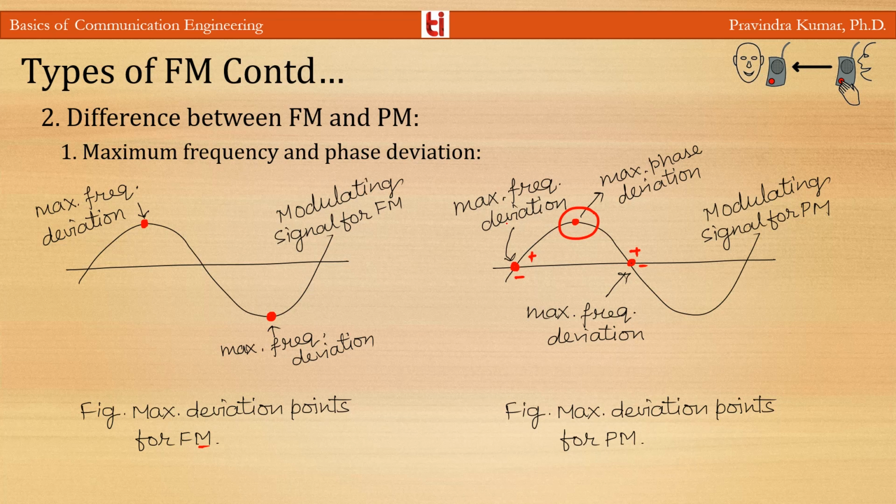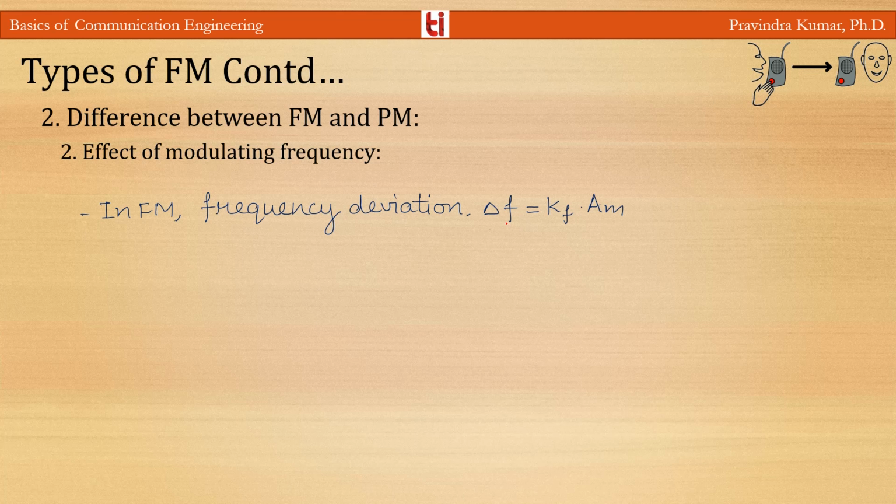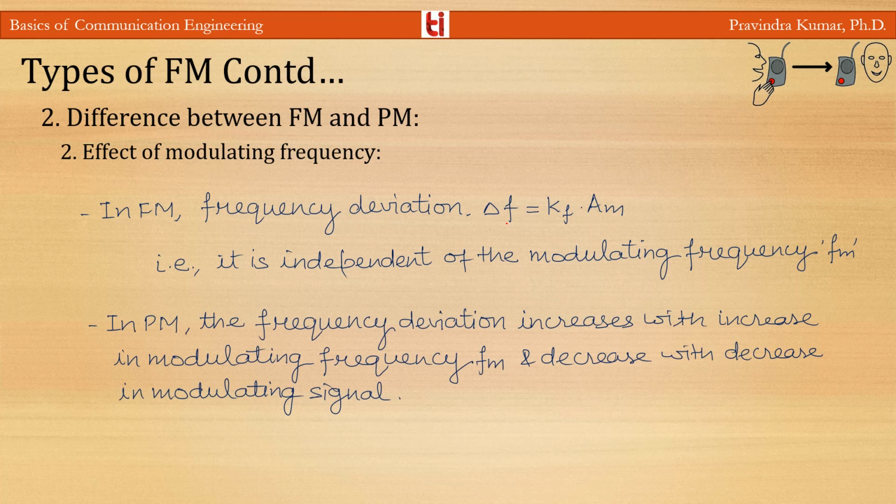Now another difference is the effect of the modulating frequency. In FM, the frequency deviation is proportional only to the amplitude of the modulating signal, means delta f is equal to kf into Am, and it is independent of the frequency fm. But in PM, as the modulating frequency is changed, the rate of change of the modulating voltage changes.